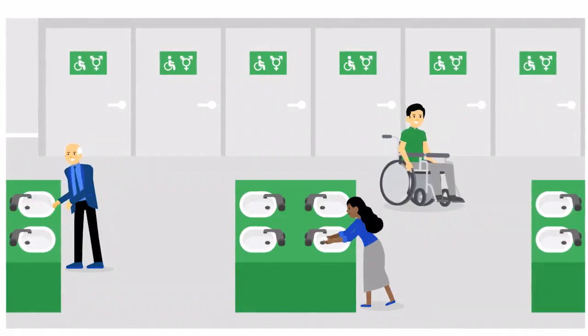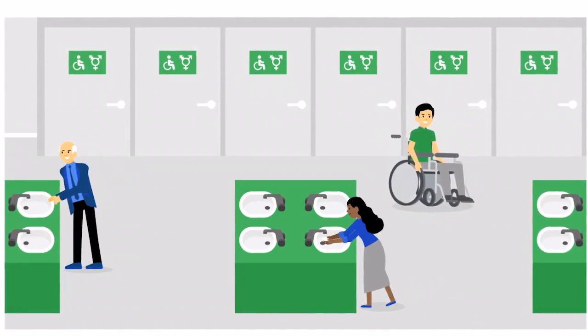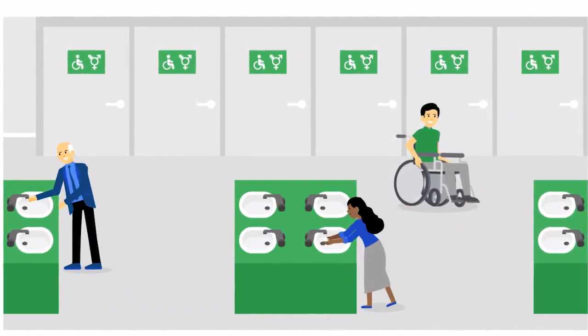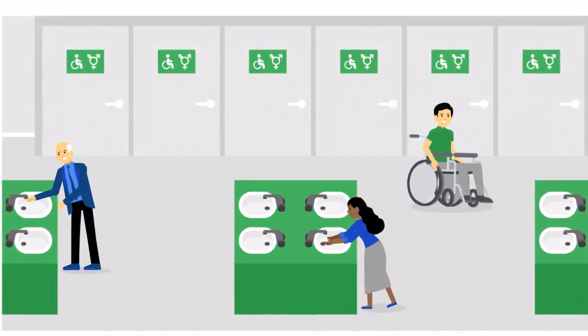Plus, people who identify as gender nonconforming or non-binary are not included at all. Restrooms that are gender neutral, however, are an example of a physical space that's designed to treat everyone equitably. Everyone, no matter their gender identity, has the same opportunity to use each bathroom.